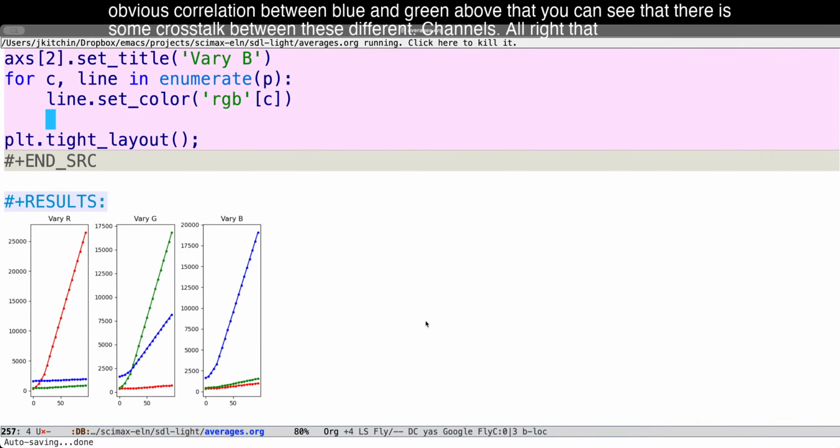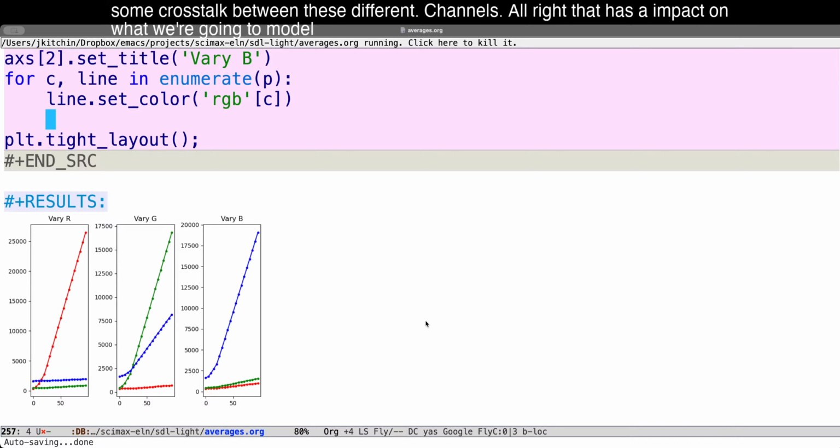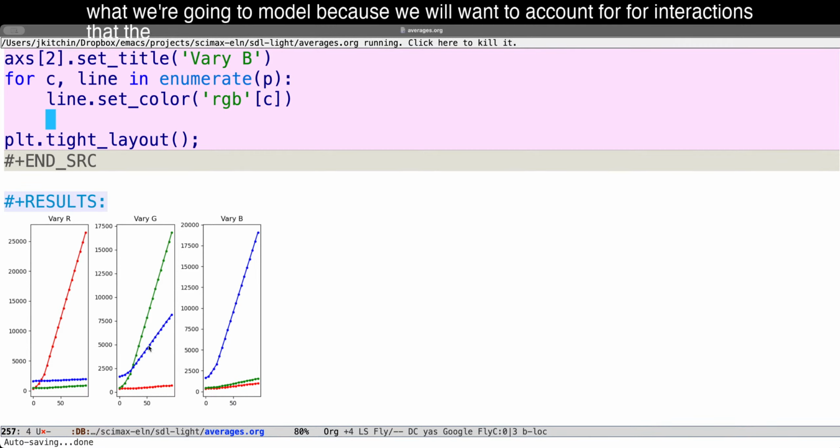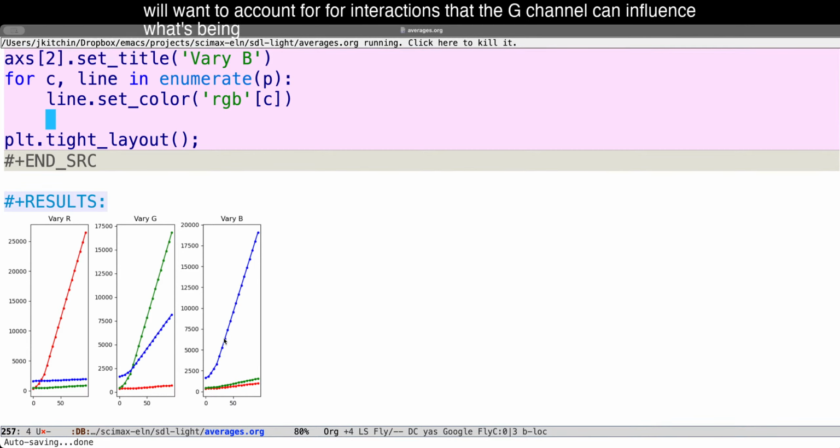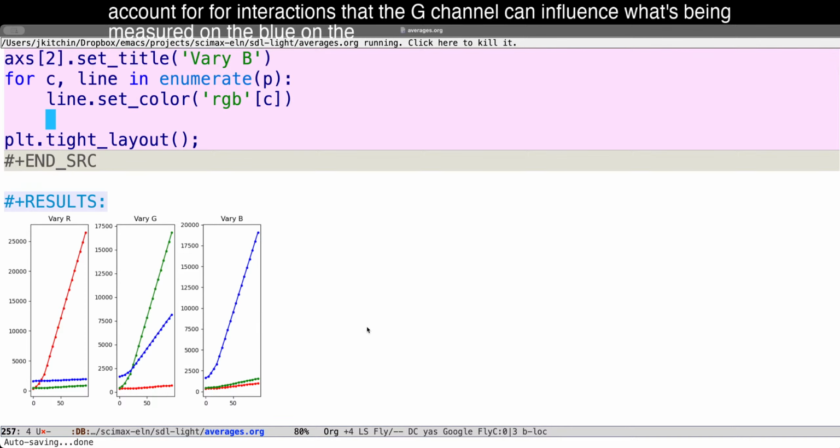All right, that has an impact on what we're going to model because we will want to account for interactions, that the G channel can influence what's being measured on the blue output.